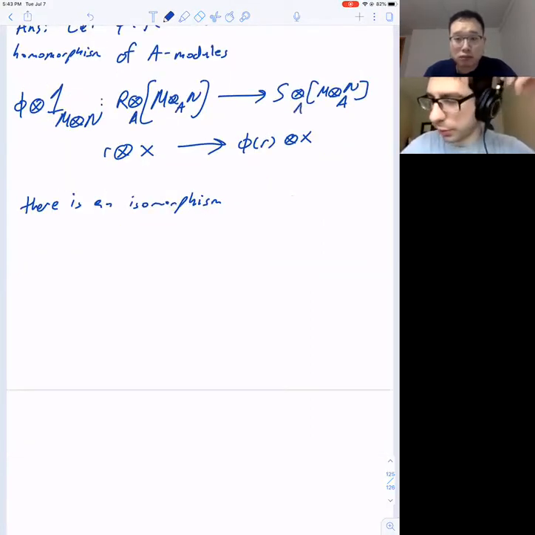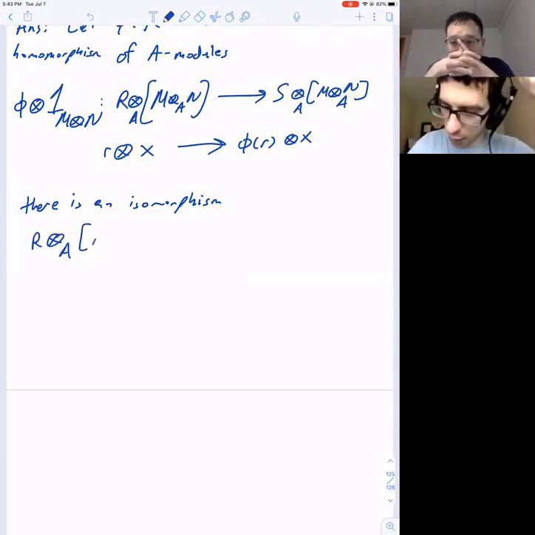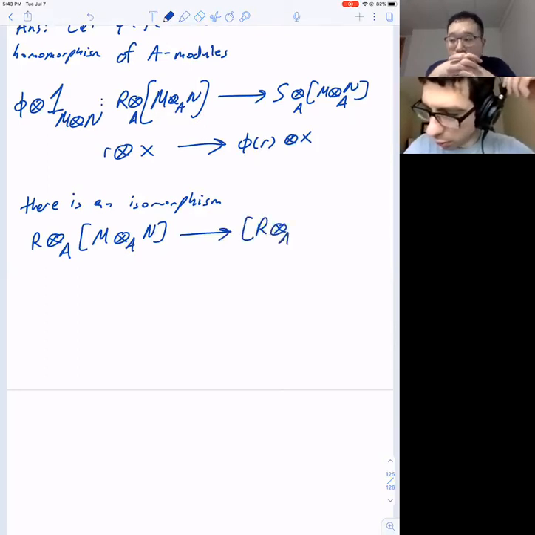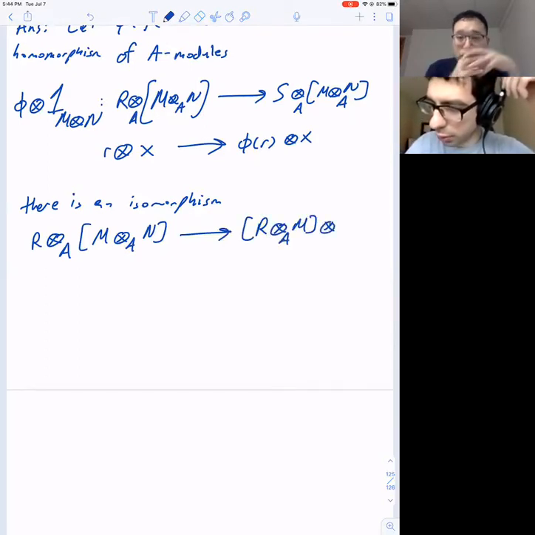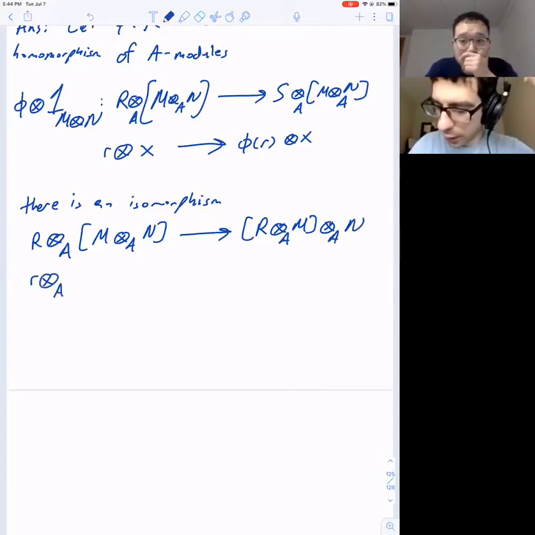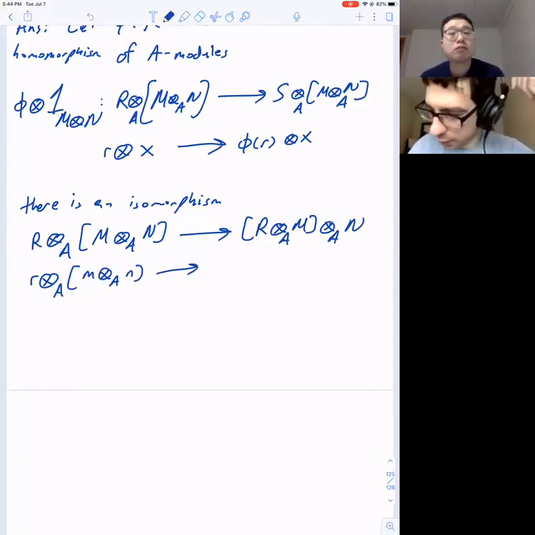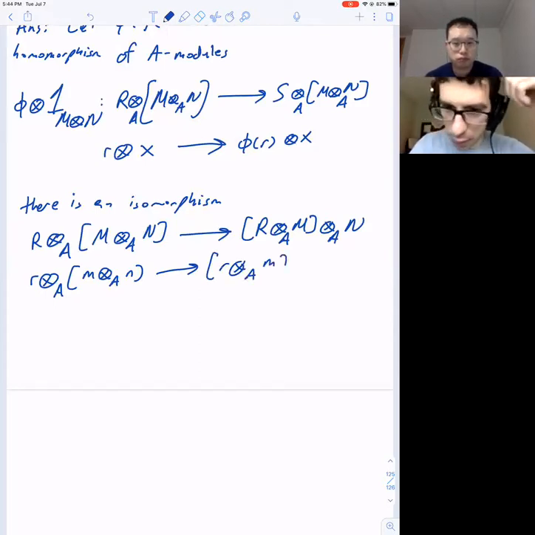I'm sorry, these are tensor products over A. So there's an isomorphism with these modules. So it's a natural isomorphism. It takes a generating element and it maps it like this.